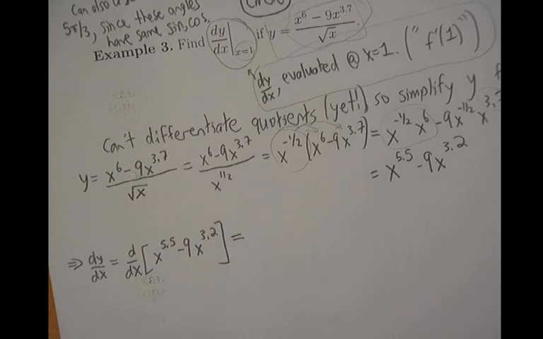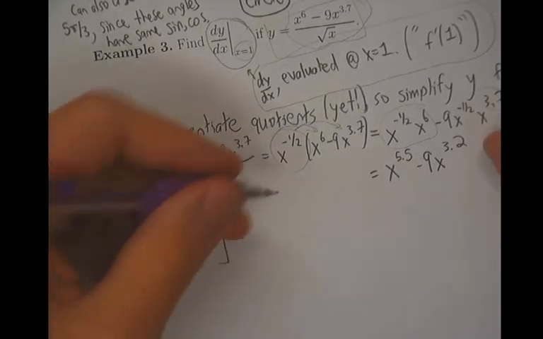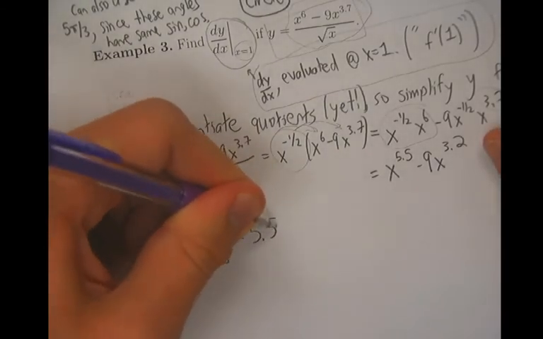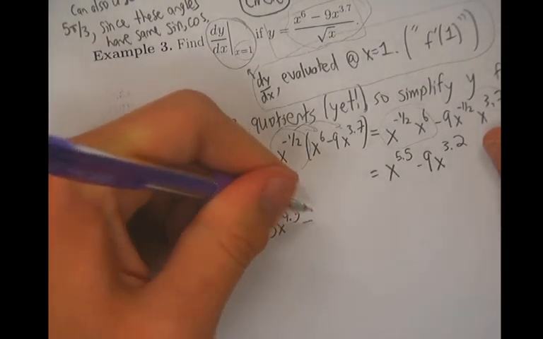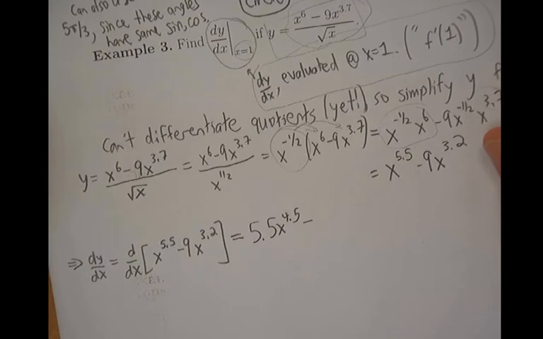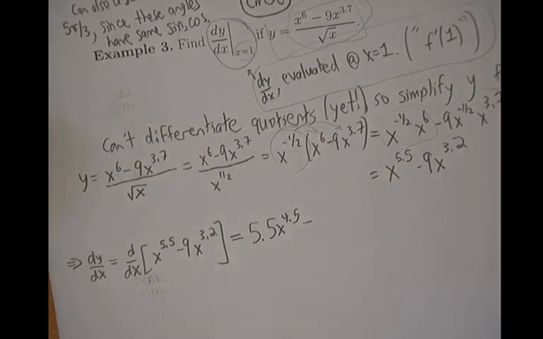I know some people have already started pulling their calculators out. So what is our derivative, first off, before we start letting x equal 1? 5.5x to the 4.5 minus 27.2x to the 2.2. All right.